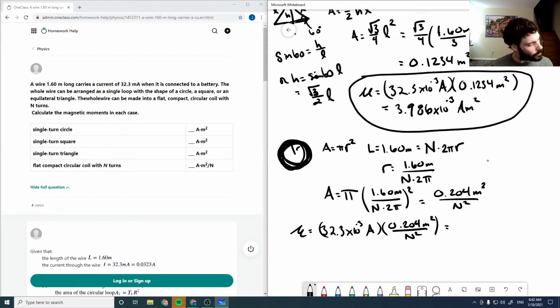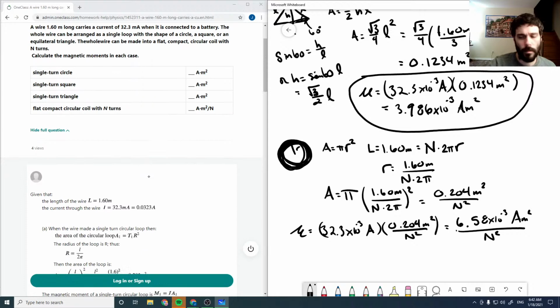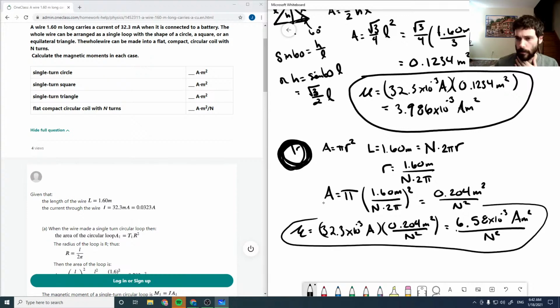It's pretty much the same as the circle, amp meter squared, but over n squared. I'll just circle that one. So that's for our coil, with n turns.